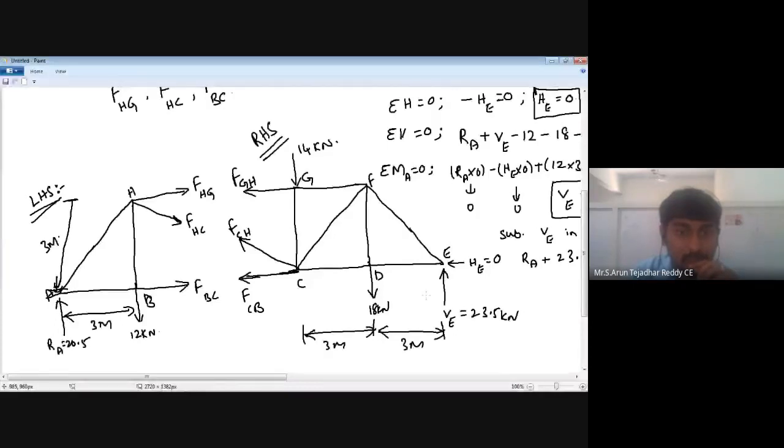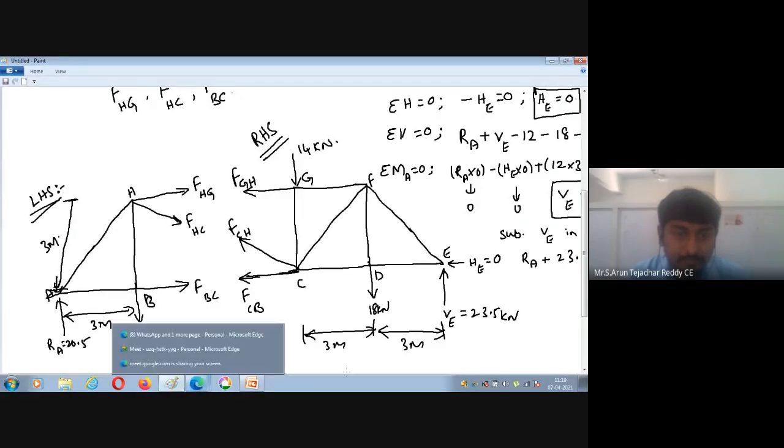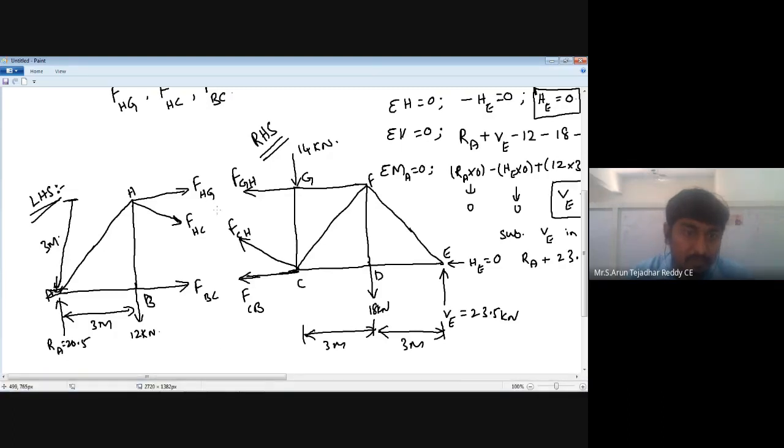All of you draw this free body diagram. Now find these three members HG, HC, BC.